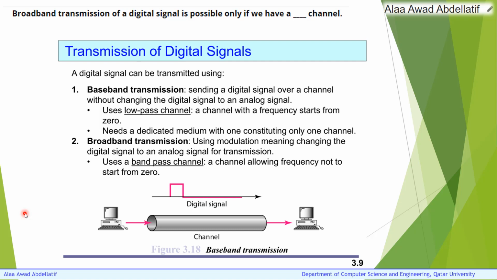So broadband transmission is possible only if we have a band-pass channel. If we have a low-pass channel, we will use baseband. But if we have a band-pass channel, we can use broadband transmission. This is directly from the slides.